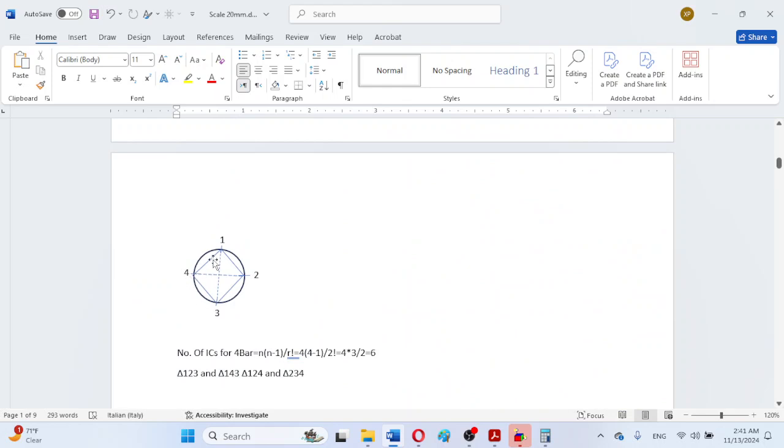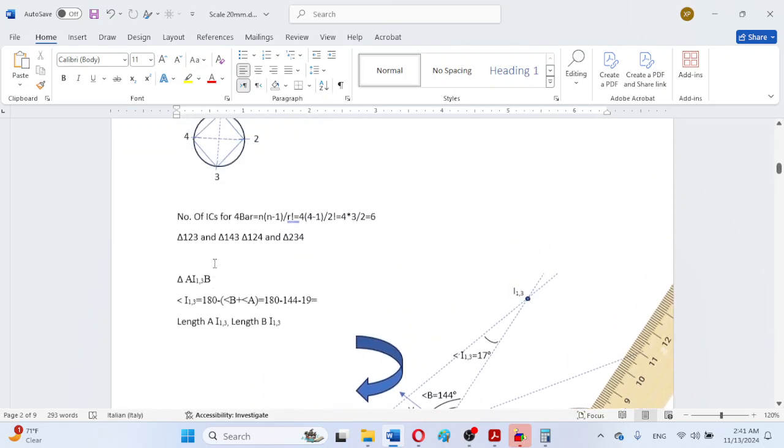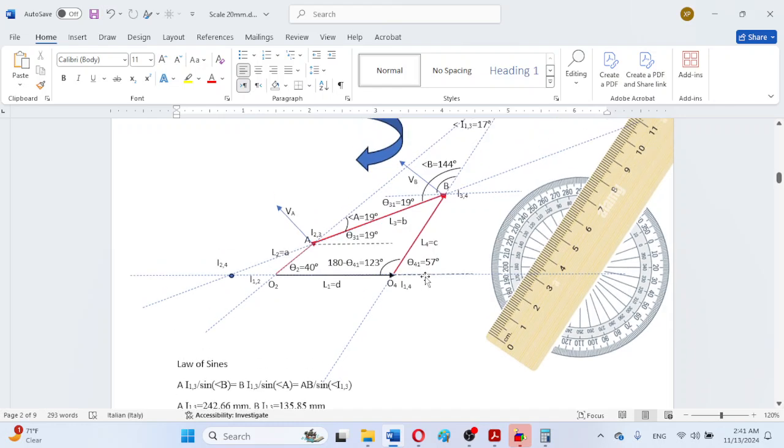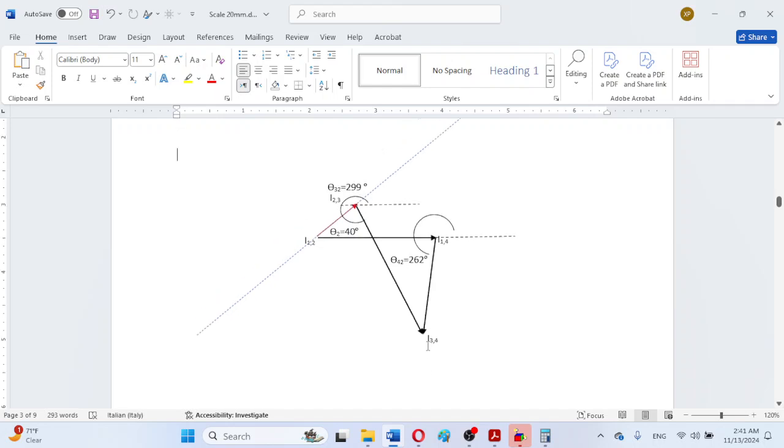So I1,4 and I3,4. Here we can observe I1,4 and I3,4, so the other instant center.